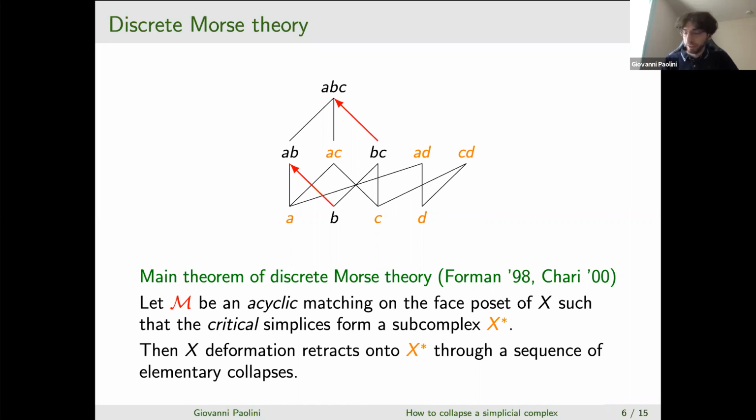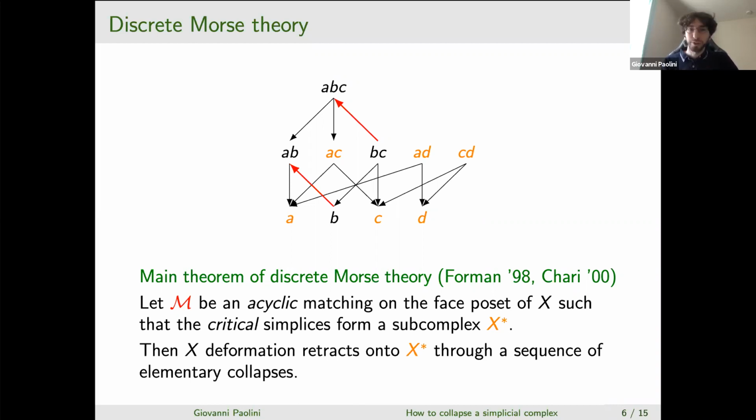What is this acyclicity condition? Imagine to orient all the black edges downwards in our poset, and all the red edges, the ones in the matching, upwards. Then the matching M is acyclic if this graph with the orientation that I just described to you is acyclic.